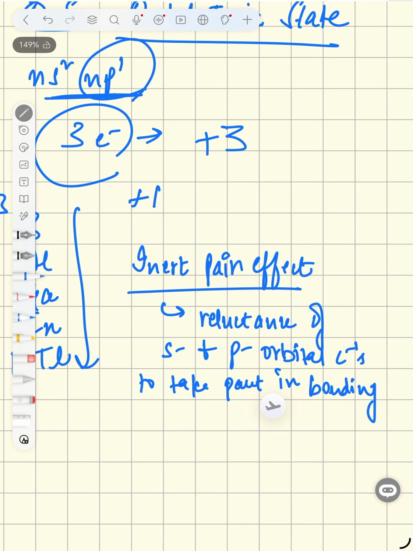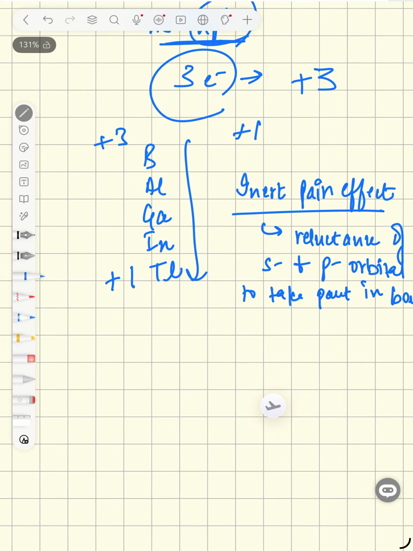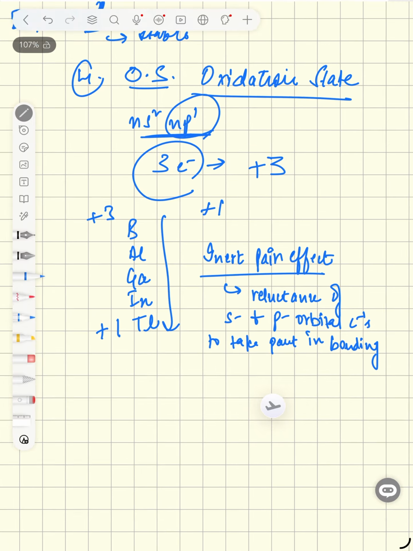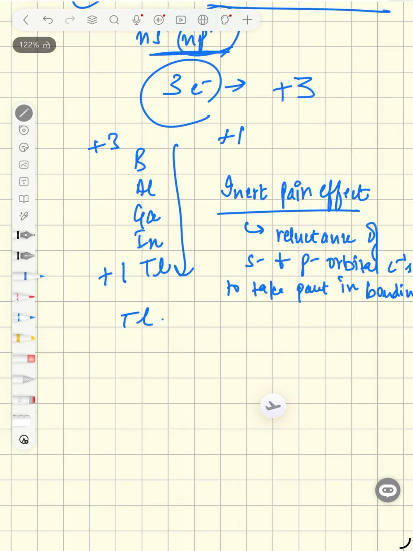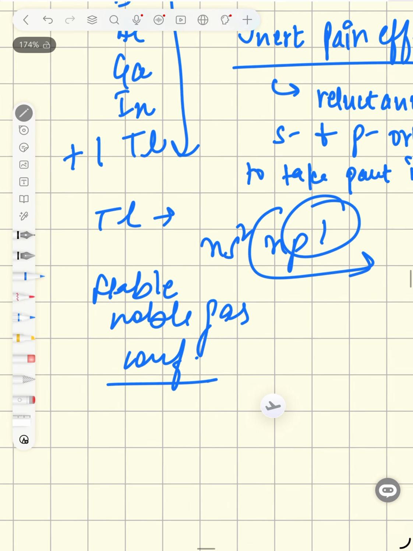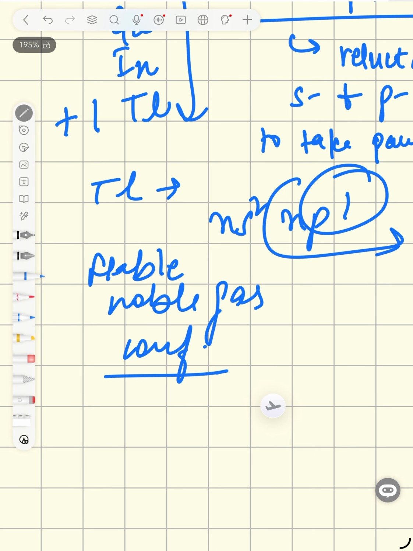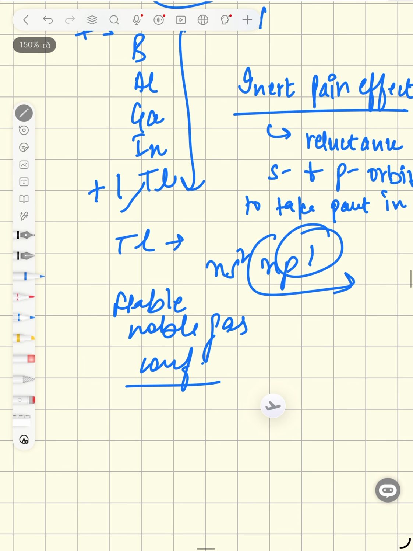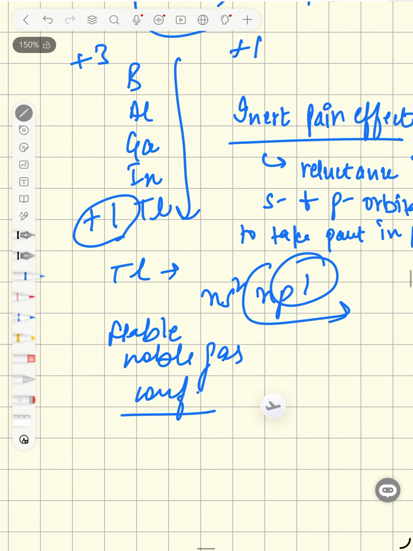Therefore, after the removal of the first p orbital electron in thallium, a stable noble gas configuration is achieved. The electrons thus do not participate in bonding anymore. Therefore, they only show +1 oxidation state.